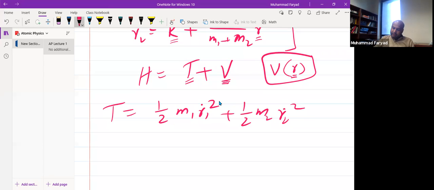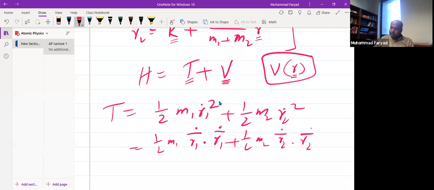This R1 dot squared is nothing but R1 dot dotted with R1 dot, and this is the dot product for R2.